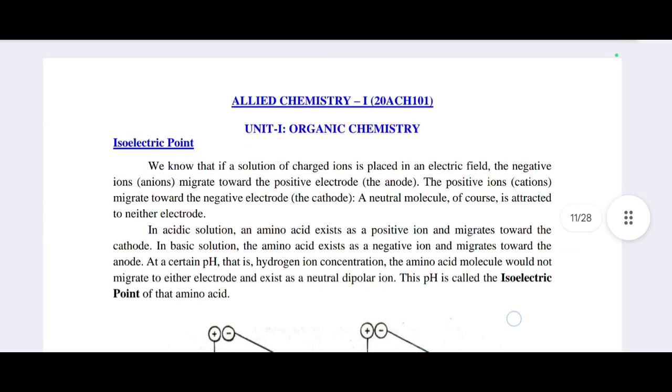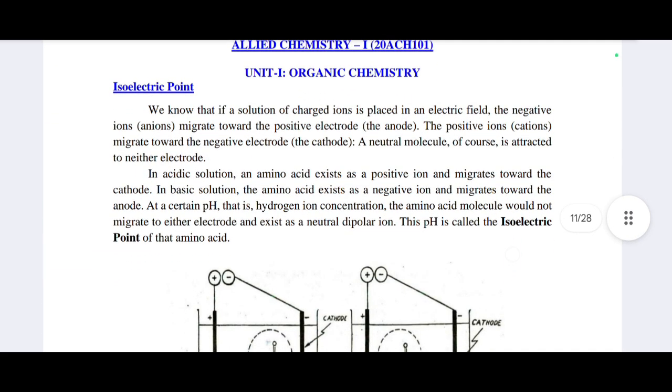Then what do you mean by isoelectric point? In amino acids, we know both ions are present in the same molecule. Because of this zwitterionic or dipolar ionic character, in acidic solution it behaves one way, and in basic solution it behaves the other way.